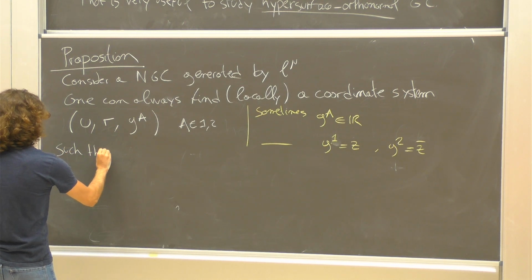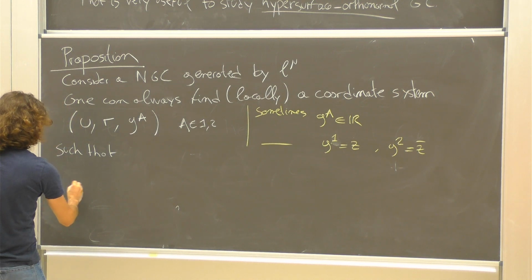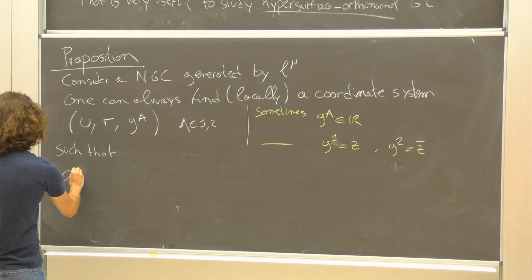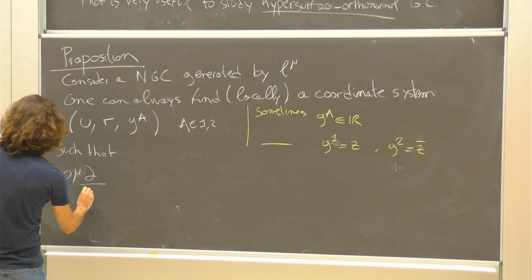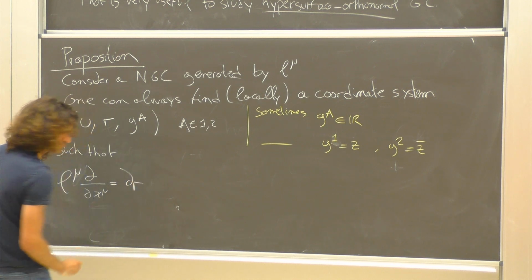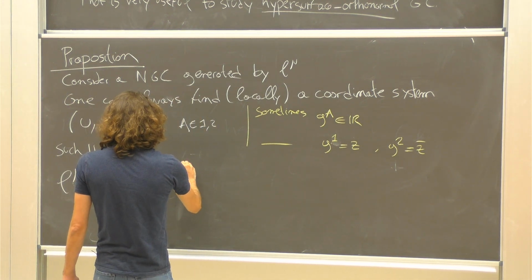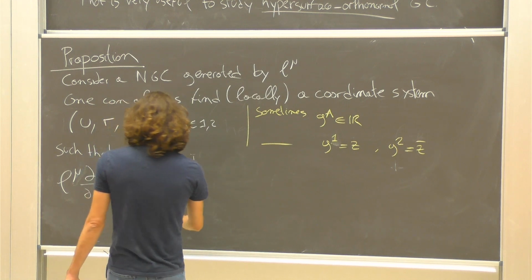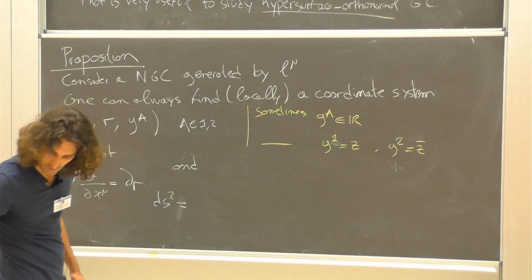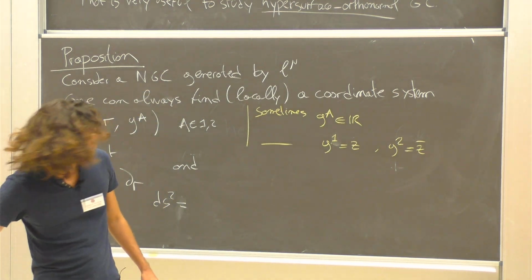Okay, and such that what? Such that the vector field L mu, L mu dx mu is just dr, and ds squared has the following form.